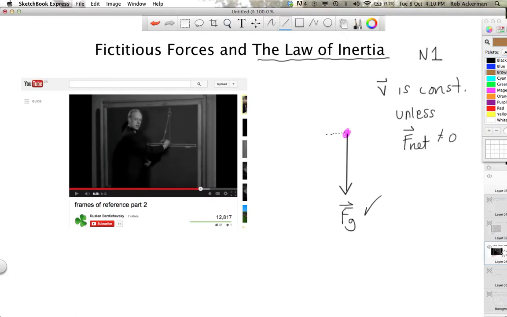After all, what force is causing it? If I believe in Newton's first law, then I've got to believe there's some force here. The problem is, we've learned in this course that there are 4 fundamental forces. And none of these forces can explain what just happened to the ball as it fell.